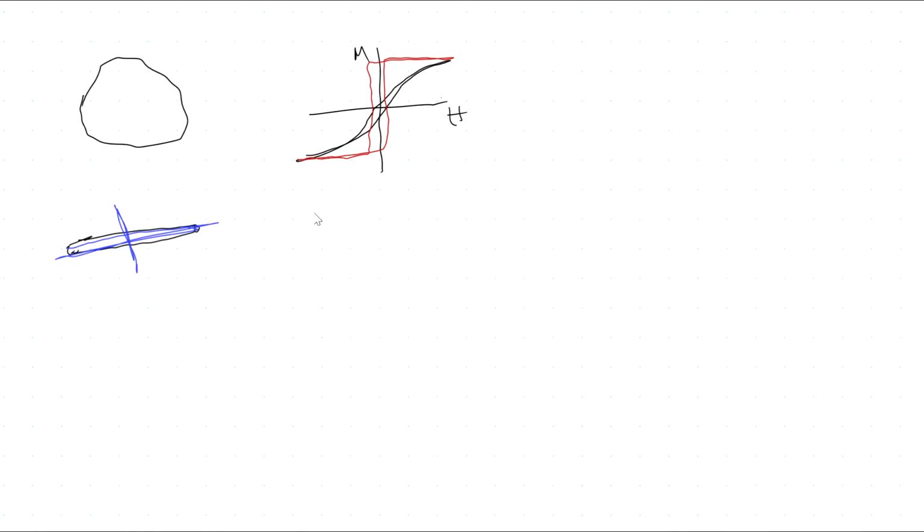So when materials have different magnetic properties depending on the direction along which they are measured, this is called magnetic anisotropy. Anisotropy implies that we have properties of something that depend on the direction, and here we in particular talk about magnetic anisotropy. So how can that be measured?